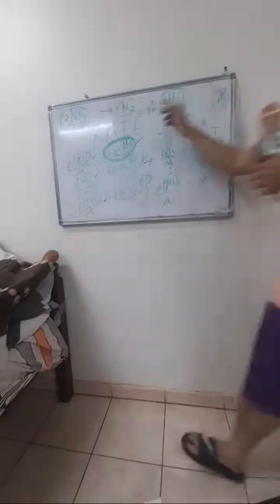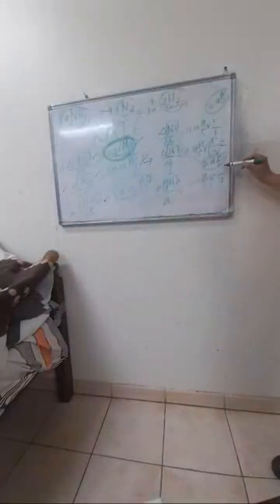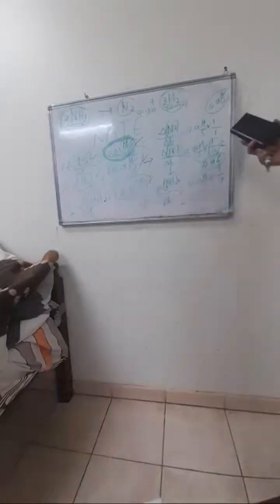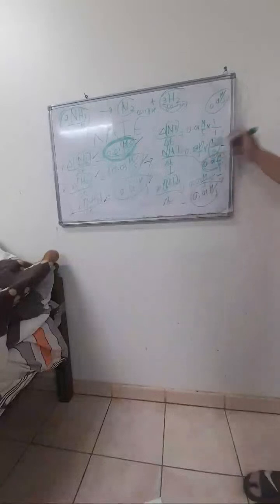Put the 2 here for ammonia, and 1 for nitrogen at the top because it's our basis, 1/2. That's why 0.02 divided by 2 will still be 0.01 molar per second, because we let our delta N2 concentration be our basis of calculation.